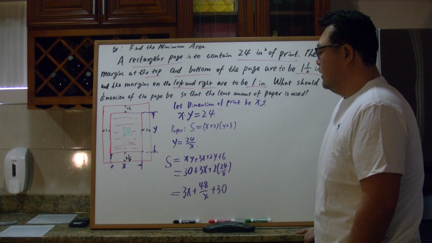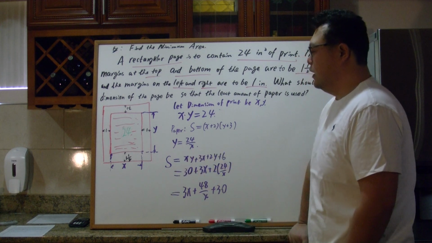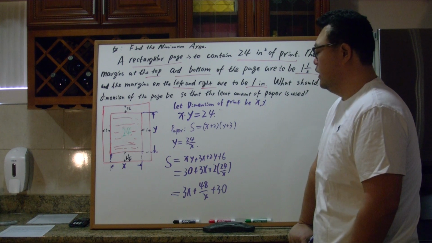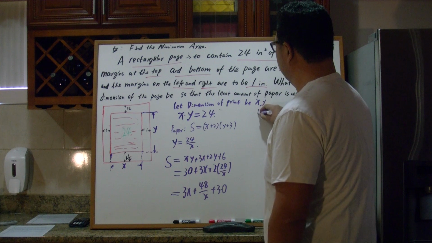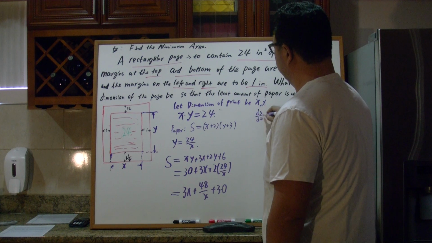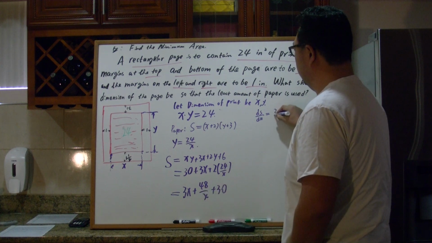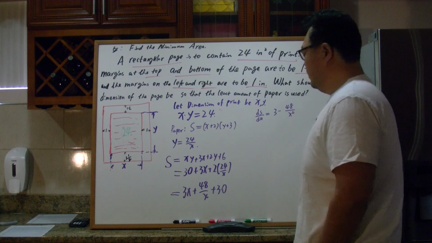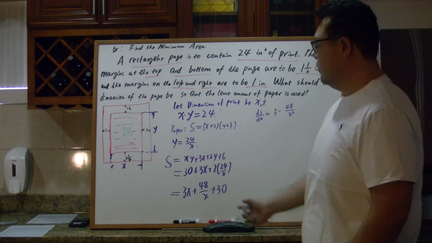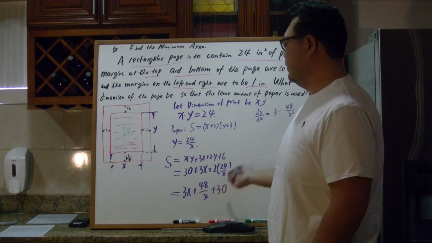Then we are getting the function of x that represents the area, and using that we're just finding the derivative. That is 3 minus 48 over x squared, my first derivative, right? That's x to negative 1 times x to negative 2.